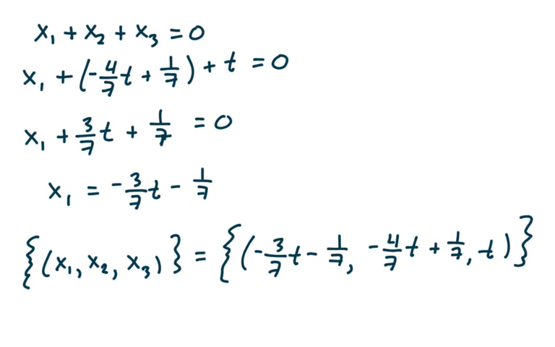And remember, t is any real number that I want. t could be 5, t could be 10, t could be anything. And that's how we solve a system like this.